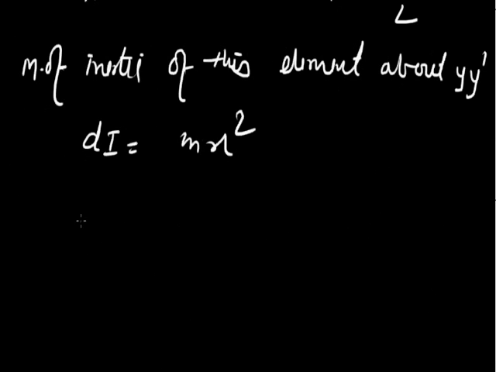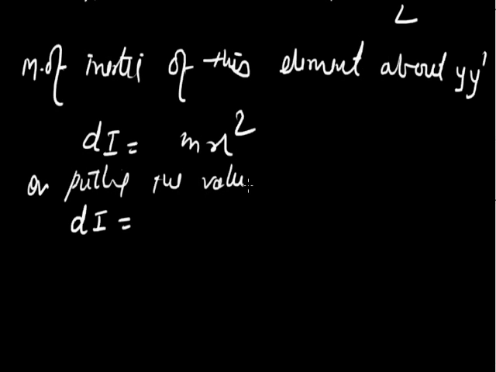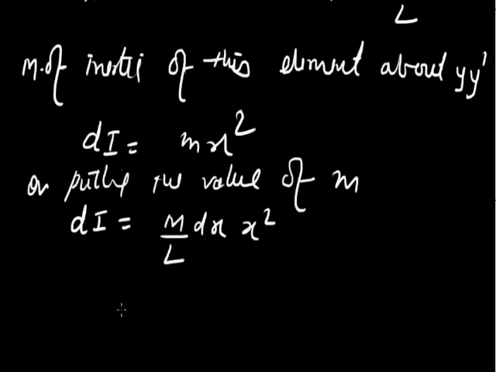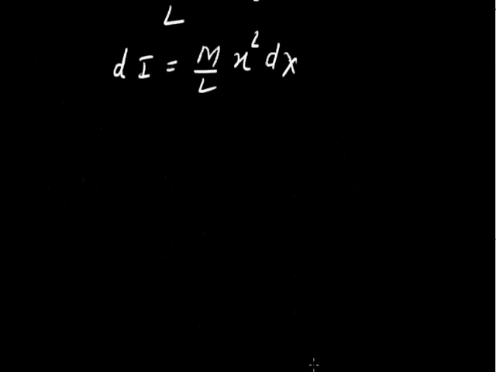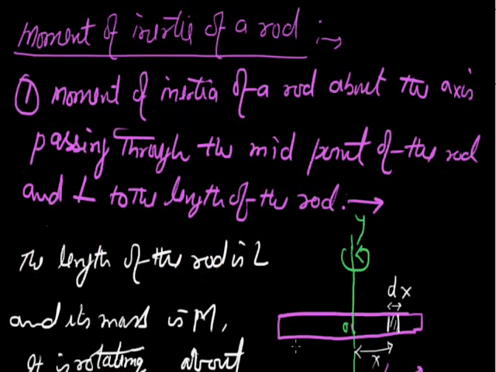So on putting the value of m, dI becomes M upon L into dx into x square.